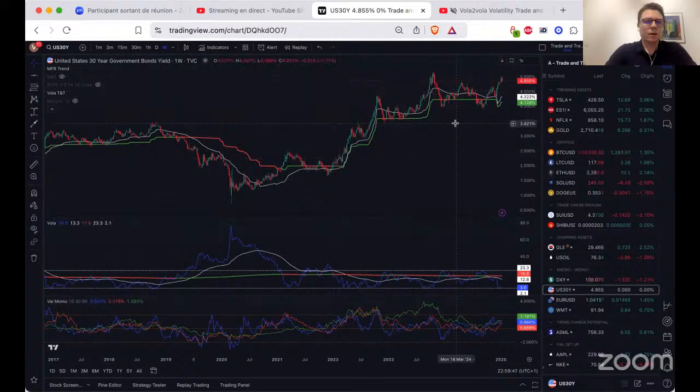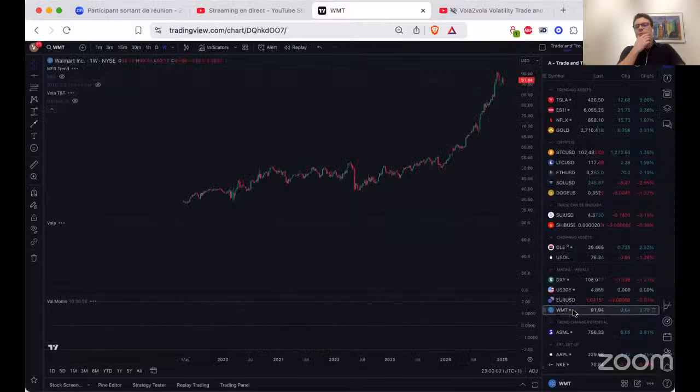So same, on the weekly I use very seldom yields, dollar, some foreign pairs, the euro, for instance, USD. I will show you an example with a stock. This one is Walmart.